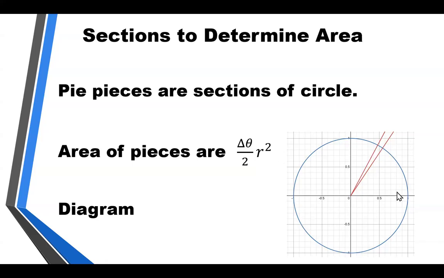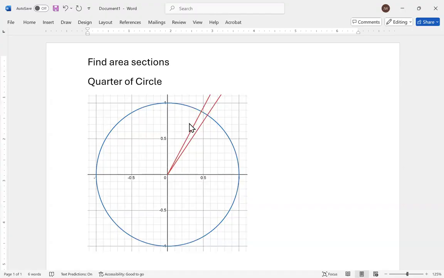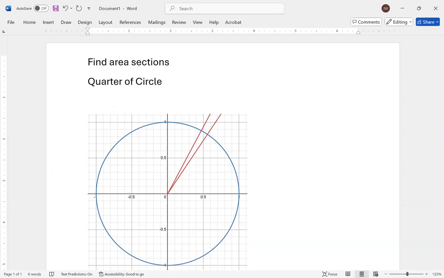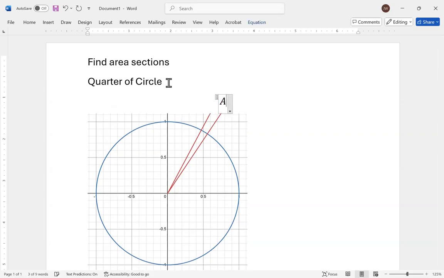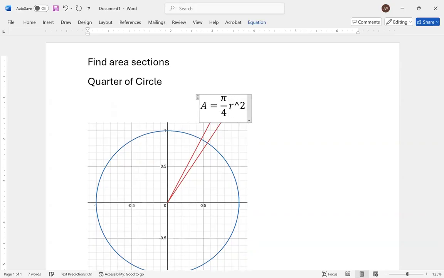If you ever wonder about that, just think about what would happen with a quarter of the circle. That's 1/4 of a circle. That means the area of a quarter of a circle would be pi r squared divided by 4, which I'm going to write that way.